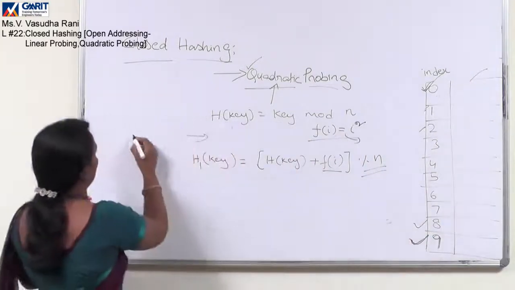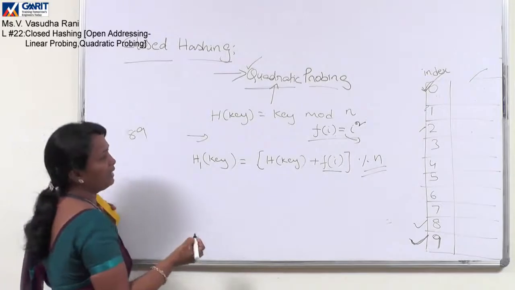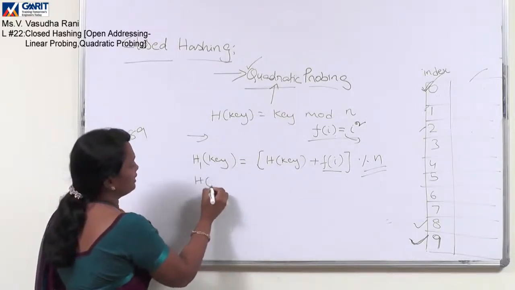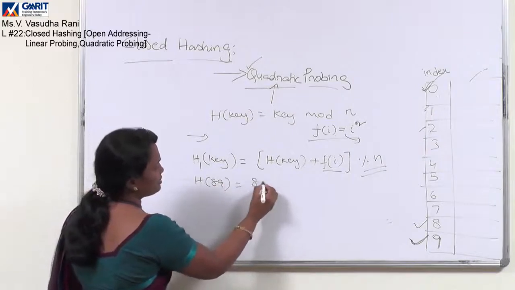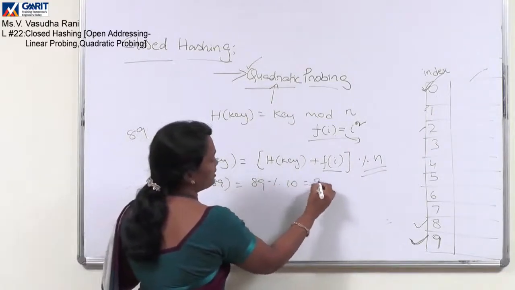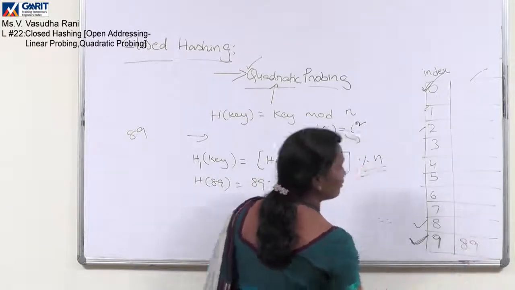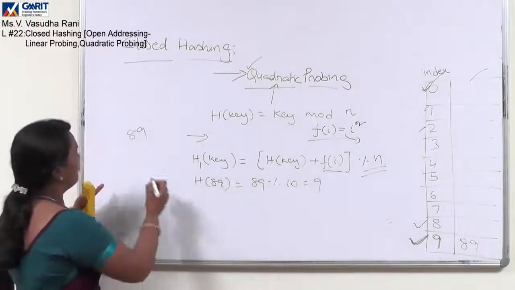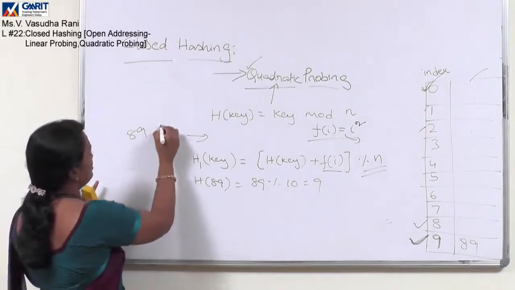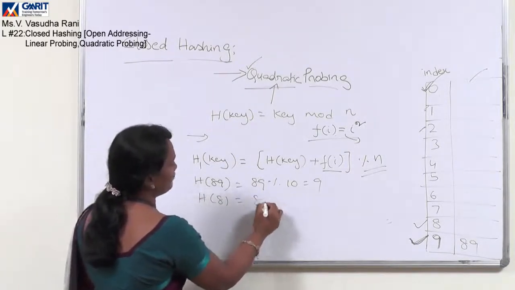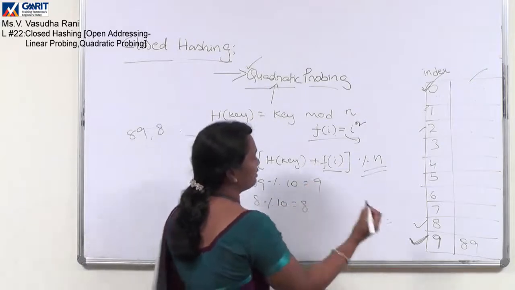Let us take the value 89. When you take 89 in the first iteration, for h of 89, it is 89 mod 10, it is giving 9. So in the 9th location you are storing your 89. But if you consider the next value 8, h of 8 is 8 mod 10, which is giving 8 location.